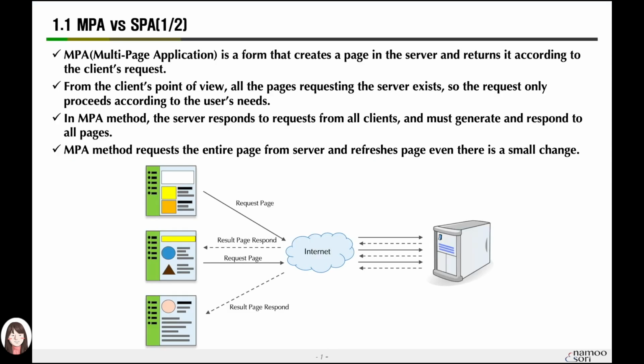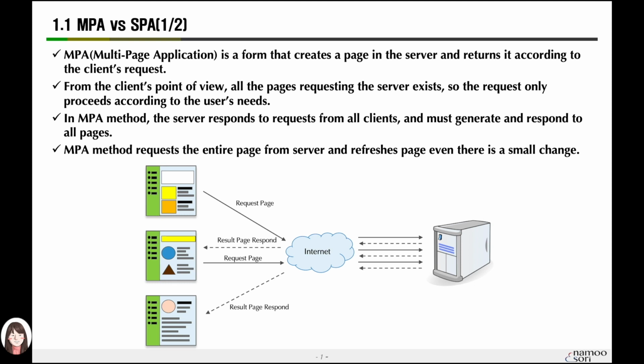MPA means a multi-page application. You can understand that the MPA method is a client structure for existing web applications. The client requests a specific page from the server. Then the server dynamically generates the page and sends information about the page to the client as a response.